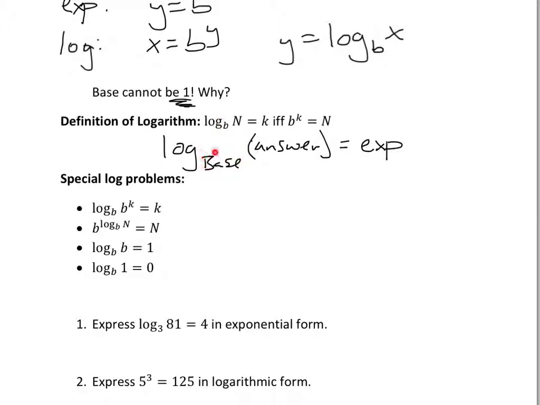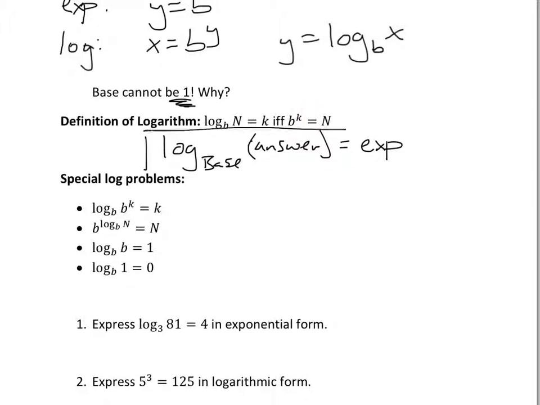That might look weird, but if you think of it this way, b is the base, so this base is both the base of the logarithm and the base of our exponential function, because these are always relating to exponential functions. That's why I think of it that way: I don't know much about logarithmic functions, but I can definitely solve exponential functions. So the n is the answer to our exponential function, and it equals the exponent k of our exponential function.